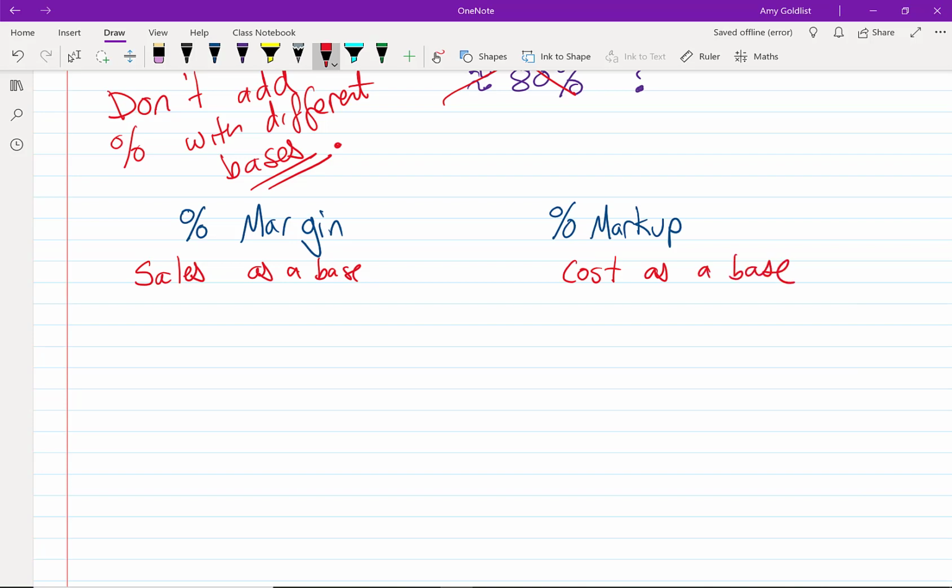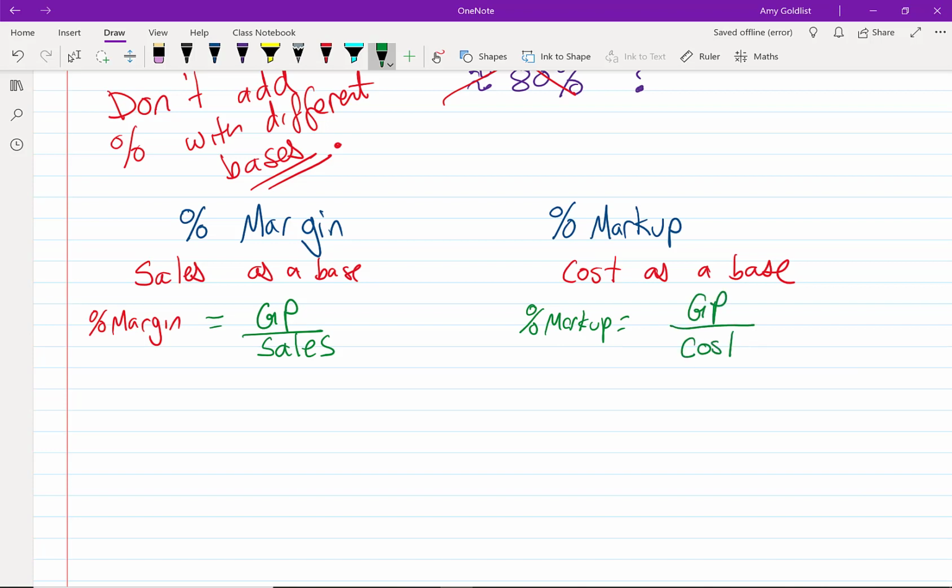Those are different. Margin is equal to gross profit over sales. And this is the percent gross margin, which is the one we're normally worrying about right now. And here, percent markup is the same numerator, but a different base.